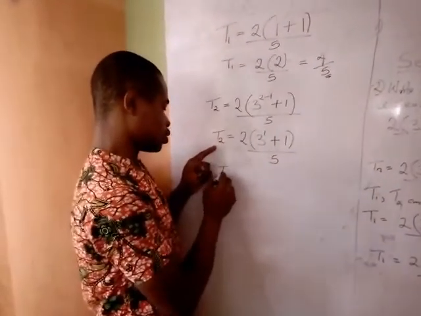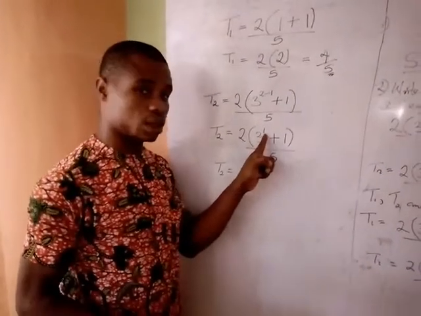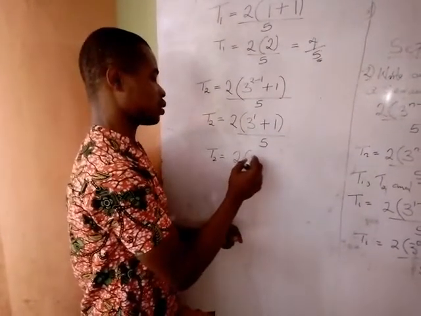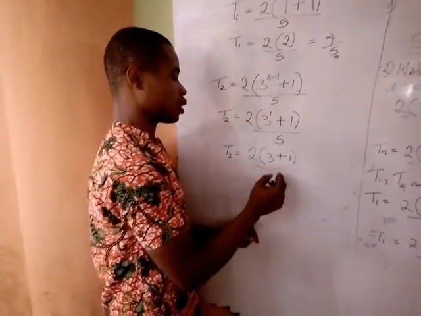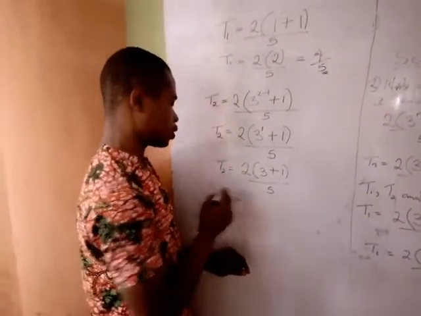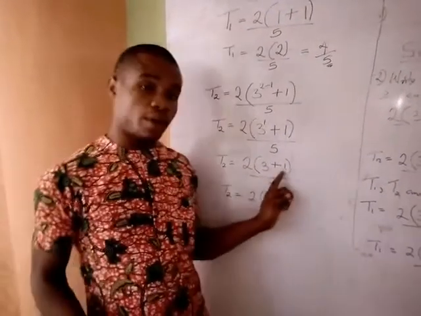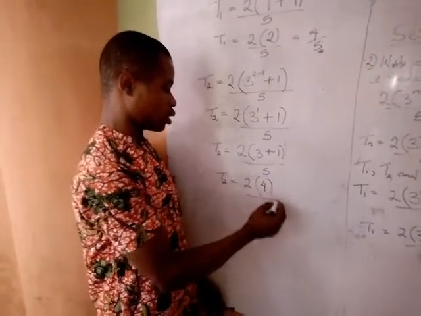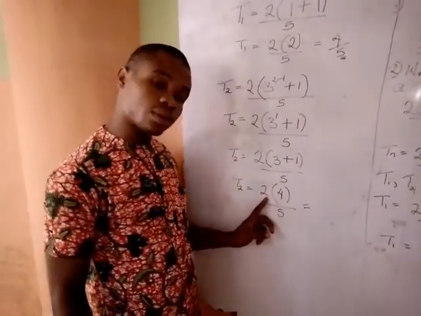Then bring down your T2. Bring down your 2 outside the bracket. 3 raised to power 1. Anything raised to power 1 still remains the same. So 3 raised to power 1 will still give us 3 plus 1, bracket close, all over 5. Then T2 will be equal to, you bring down your 2, open your bracket. 3 plus 1 is 4, divided by 5, equal to 2 times 4.